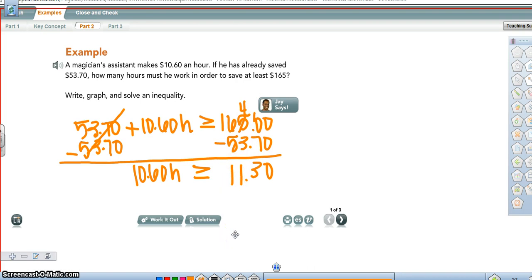All right, so let's begin with the subtraction on both sides. And then we'll need to divide both sides. Whoops, need an extra number there.